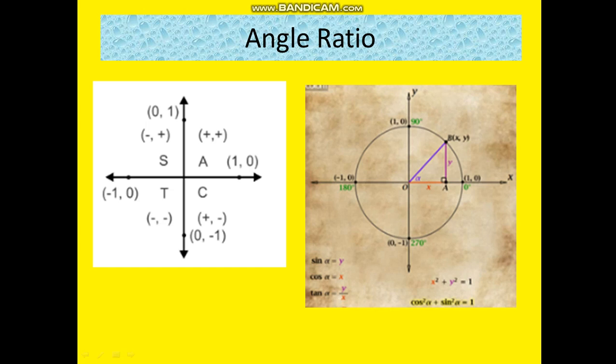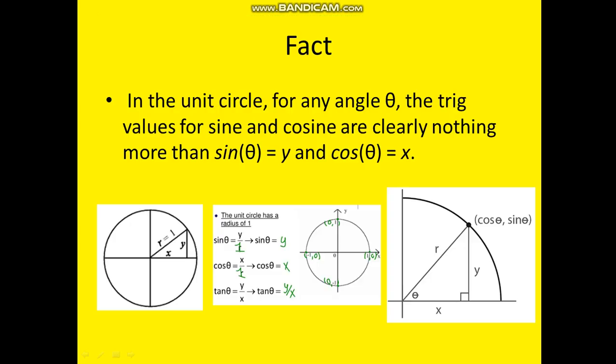Please, it's very important that you follow this. If your horizontal is x, your vertical is y, and the radius is 1, then we can apply our trigonometric ratios to the unit circle of radius 1 unit.